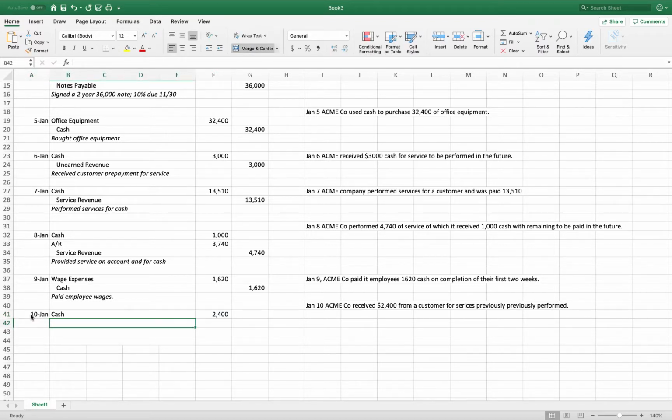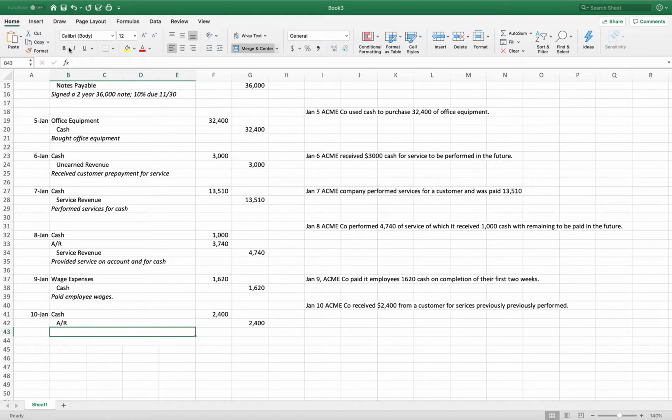Well, my receivable, right? I'm receiving that money. I don't have a receivable anymore because it was satisfied. So I'm going to indent my credit because remember, accounts receivable was an asset. Assets decrease with a credit. So I'm going to credit AR for $2,400.